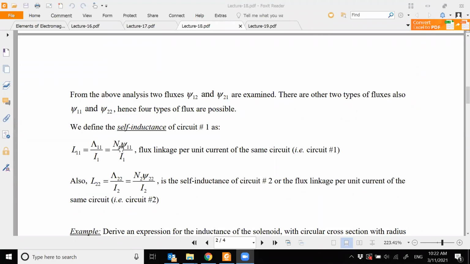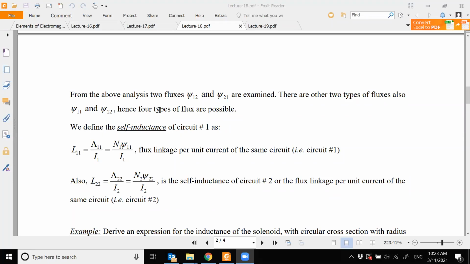It is the number of turns of my first loop times the flux psi11 over the current I1 passing in the loop. And this is for loop 2. These proportionality constants are not M11 and M12. They are called L11 and L22 because they are called self-inductance.